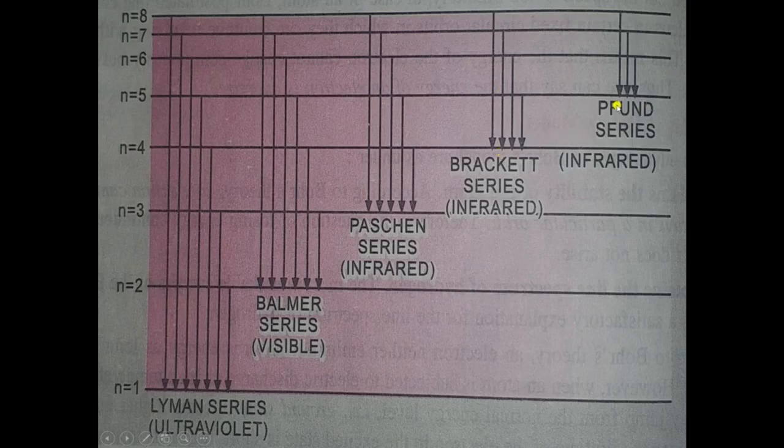In the same way, for the ground state value of n is 5, the electron can go into excited state n is equal to 6 or 7 or 8. So the electron will come back from n is equal to 6 to 5.